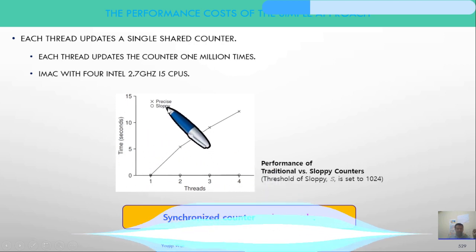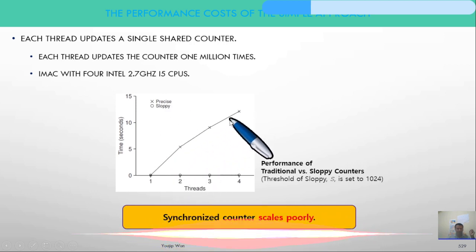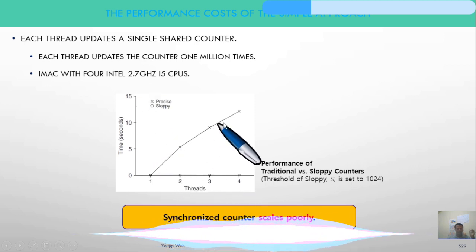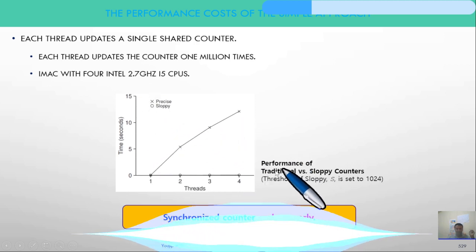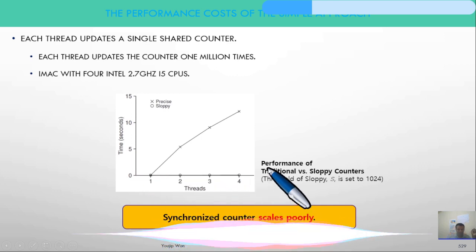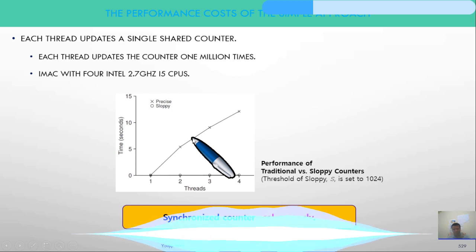For the precise counter, once the threads increase, the time also increases. But the approximate methods 1, 2, 3, 4 are performing well. So the synchronized counter does not scale. This is the conclusion from this experiment.